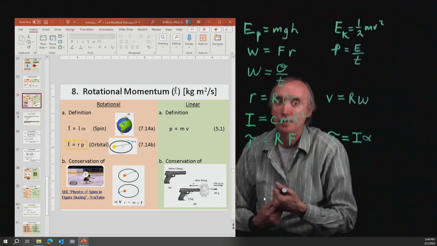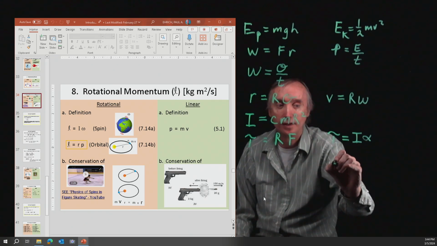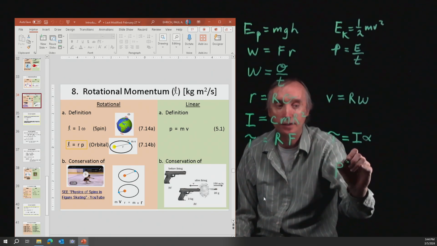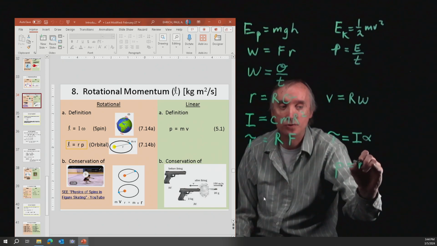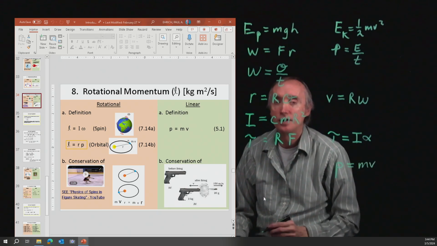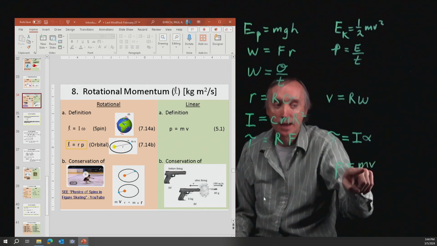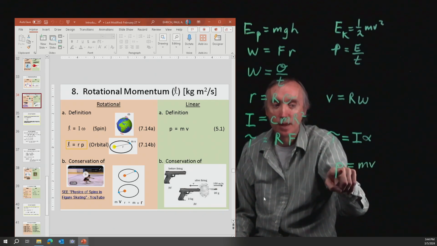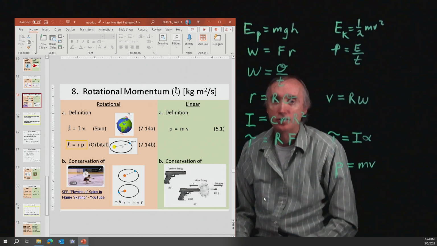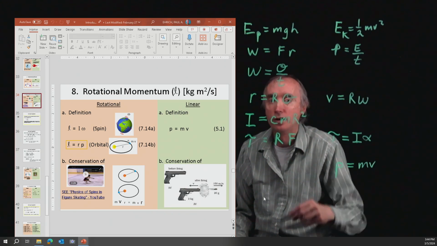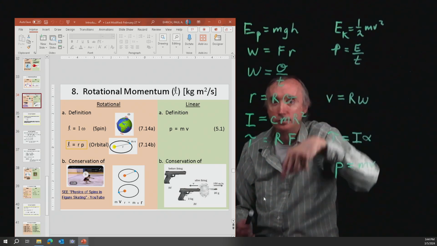But the concept of momentum, linear momentum, was given by lowercase p, and it was equal to mv. So it was mass in motion. Mass moving made momentum. So we can do the same thing for things that are rotating.